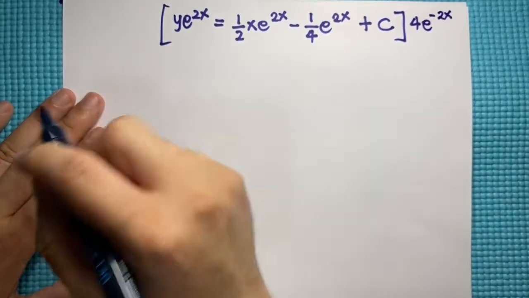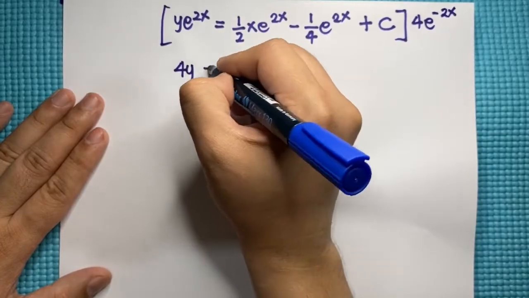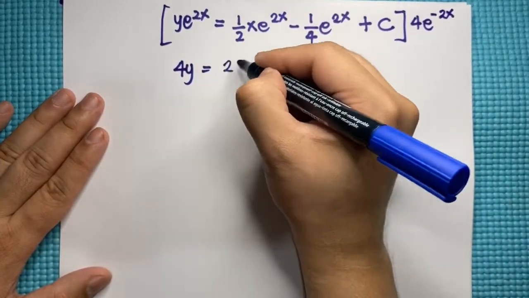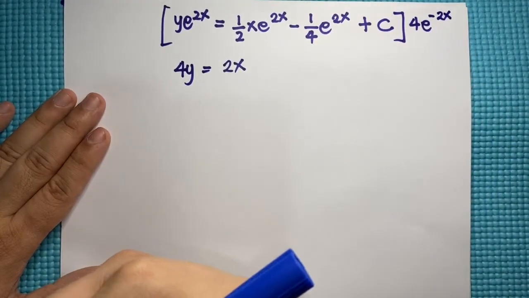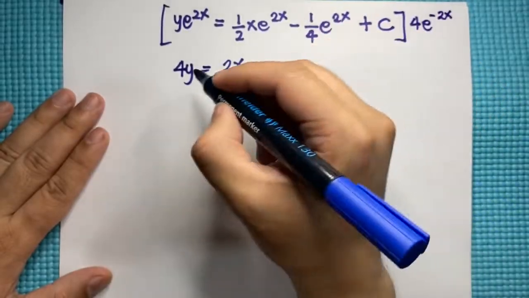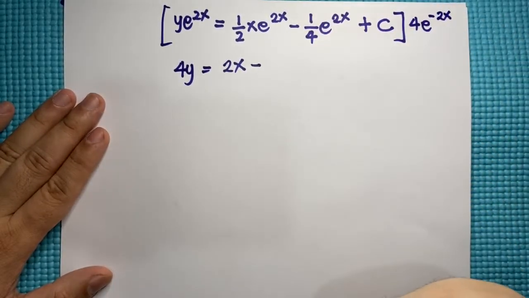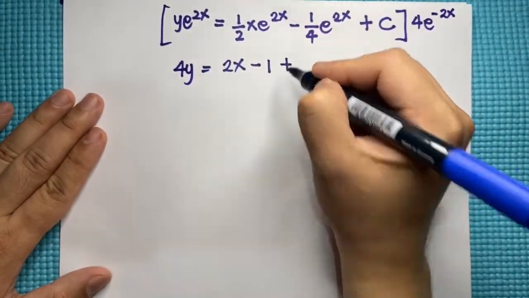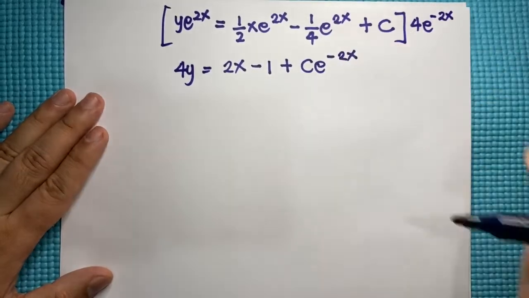Yielding 4y equal to 2x, where e raised to 2x and e raised to negative 2x cancel out, then minus 1, and then plus c e raised to negative 2x.